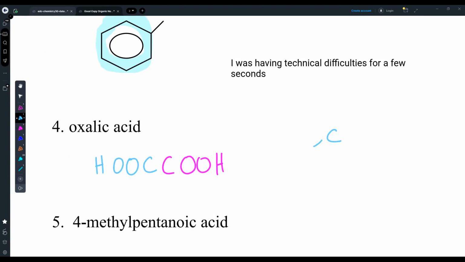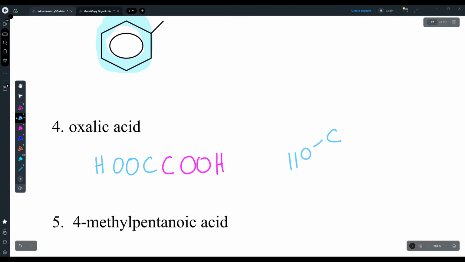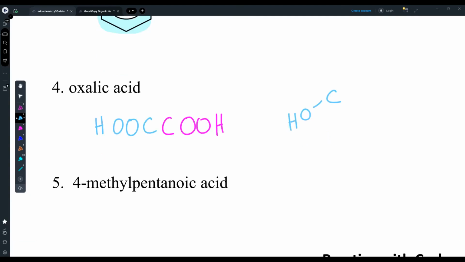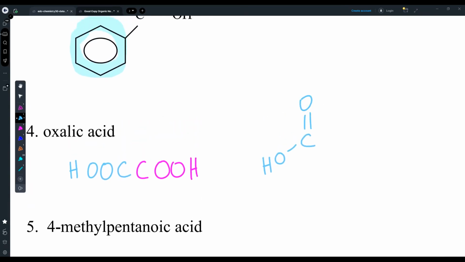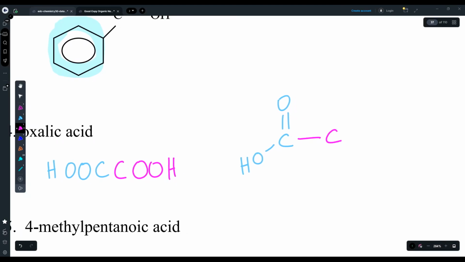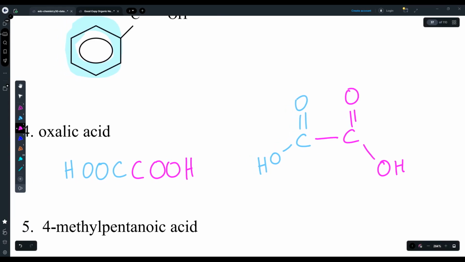So this first part is the blue HOOC, and then there's the other half of oxalic acid.